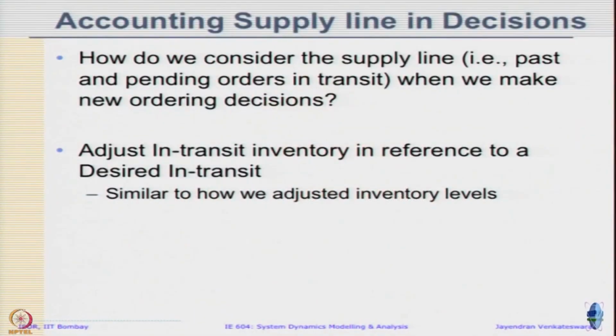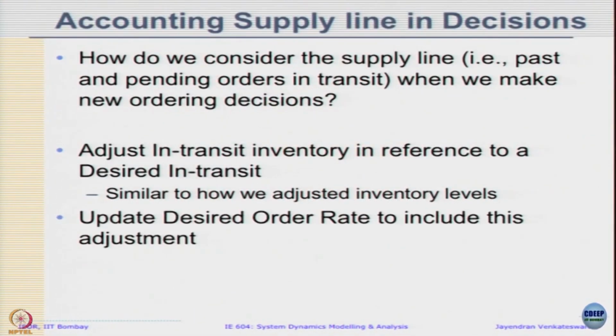We saw that the inventory was able to reach its desired value, but the in transit inventory reached some value of 40, we do not know what it is. So, let us try to figure out how we can do that. Once we do that, we will update the desired order rate to include this adjustment.